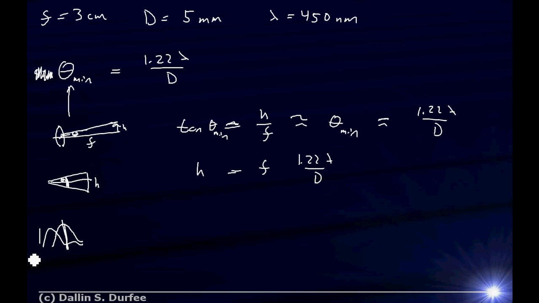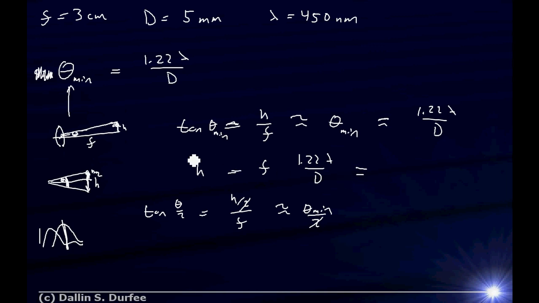So I guess what I'm trying to say is it doesn't really matter. You could have called this the half angle and used h over 2, and then we could have said, oh, tangent of this angle divided by 2 is equal to h over 2 divided by f. But then when you do the small angle approximation, these 2's cancel out and you get the same thing. So it doesn't matter whether you try and think of the object as going up from the center or being symmetric or whatnot. In the small angle approximation, it works out the same.